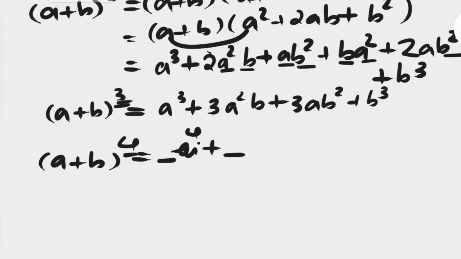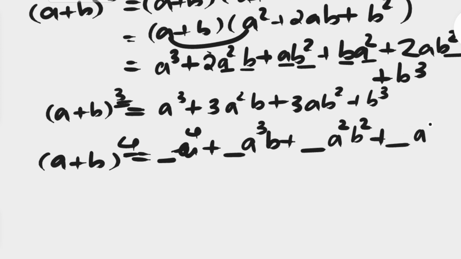Now the power of a is decreasing by 1, so here it is a cube, and the power of b is increasing, b plus the coefficient, then a square b square plus coefficient, a and b increased by 1, then plus coefficient b raised to 4.